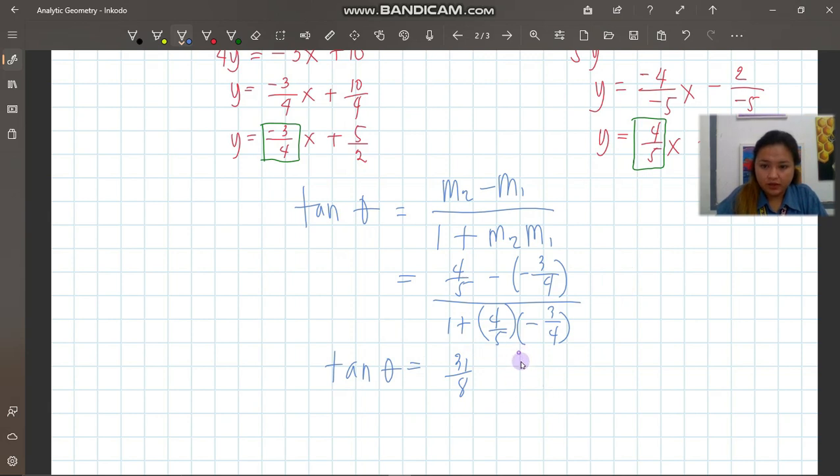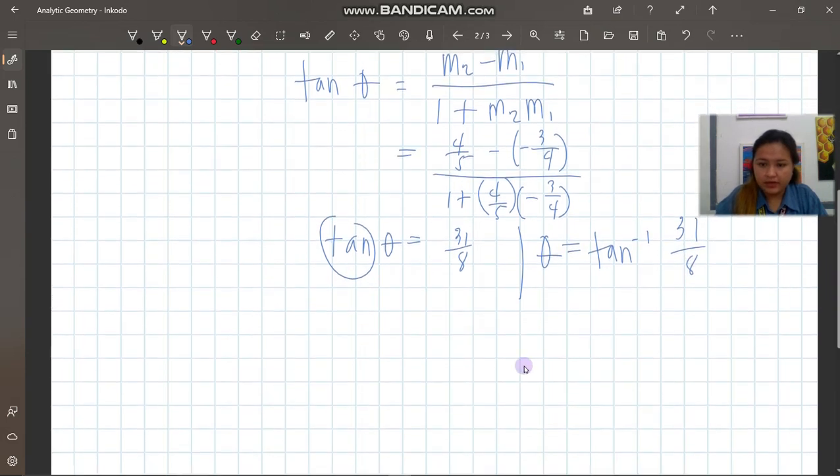Then to get rid of the tangent function, we apply arctan, or inverse tan. Theta is equal to arctan 31/8. So we have now solved our acute angle, or the angle between the lines. Shift tangent, answer: 75.53 degrees.